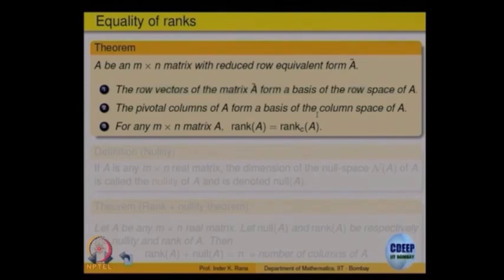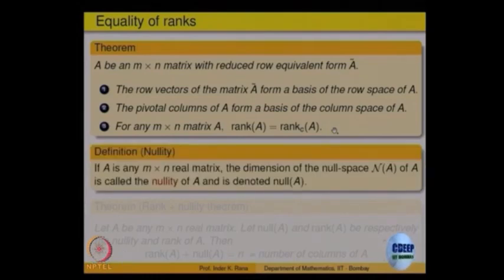The second one, the column space: take the matrix, bring it again to row echelon form, look at the pivotal columns of the original matrix A, then they are going to give you a basis for the column space, right. And the third, the rank is same as the rank of the column, so that we have already observed. The rank of the matrix is same as rank of the column space is same as the rank of the row space.